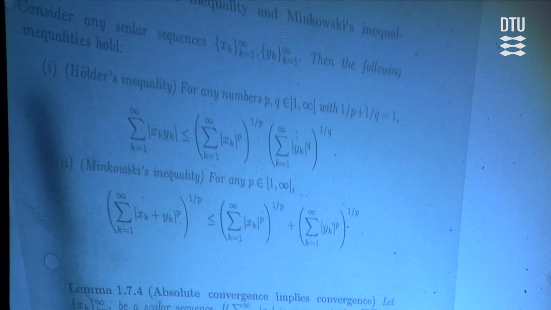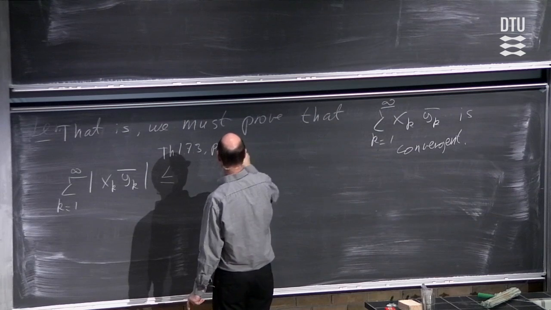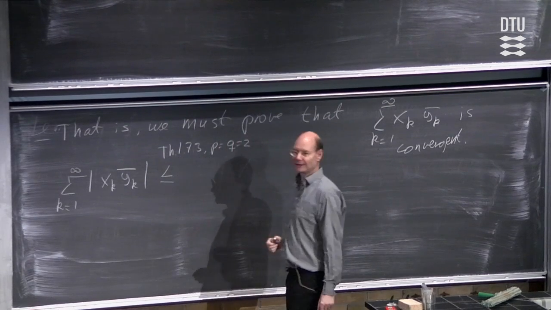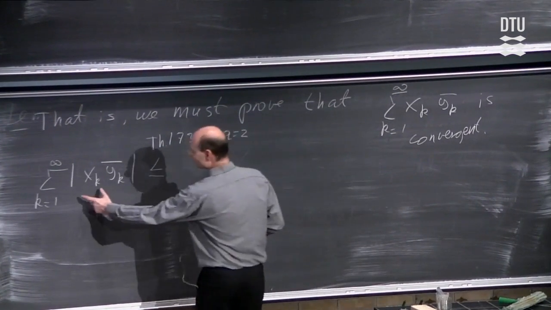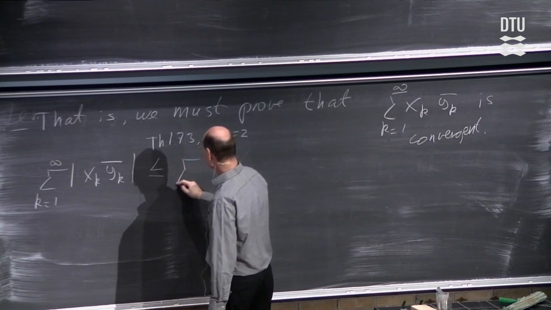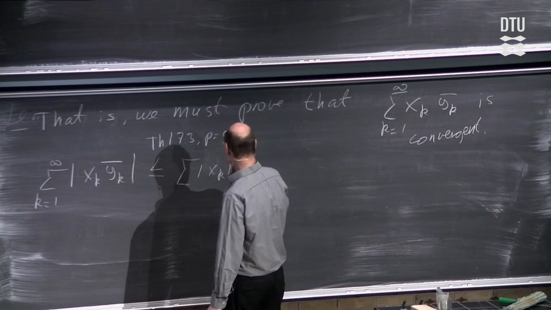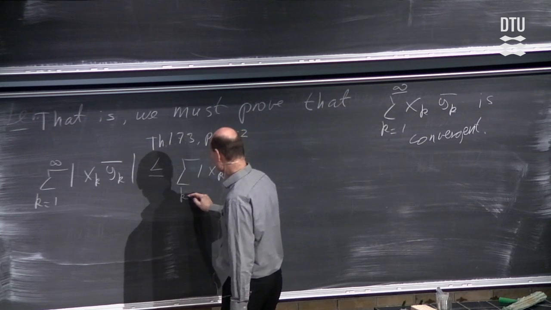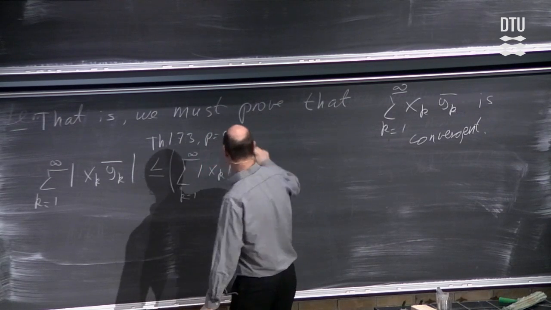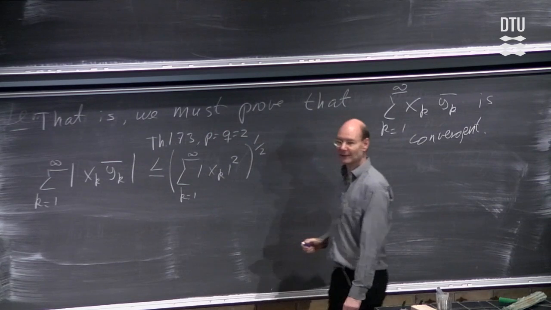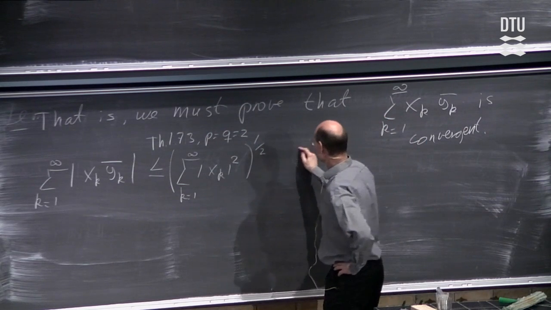So that means if we take this inequality and we put p and q equal to 2, so this is theorem 1.7.3, with p equal to q equal to 2, then the inequality tells us that what we are interested in is smaller than or equal to the square root of the sum of x_k to the power 2, times exactly the same with respect to y_k.